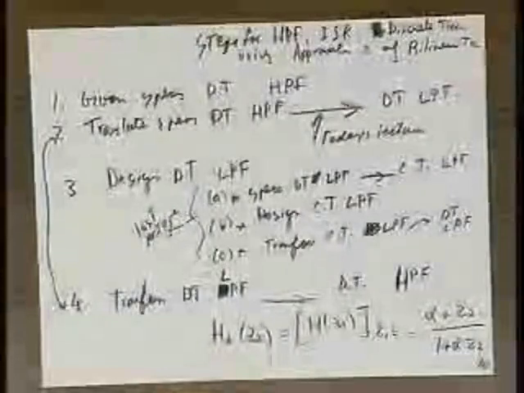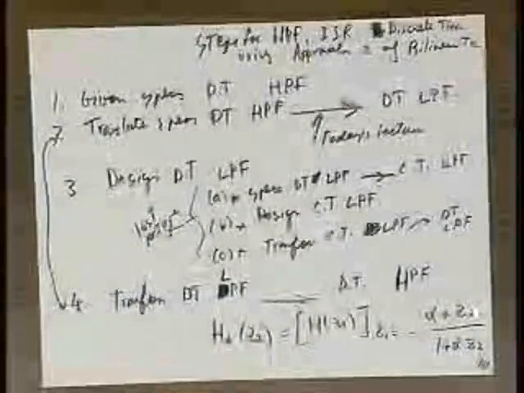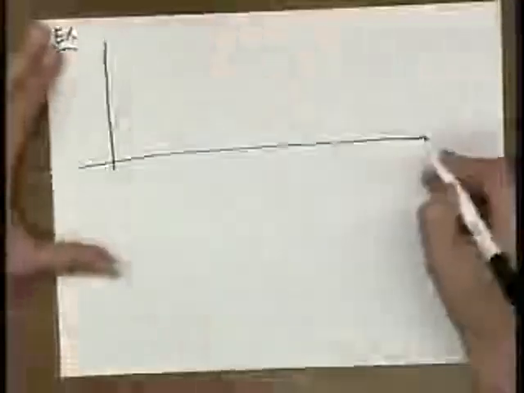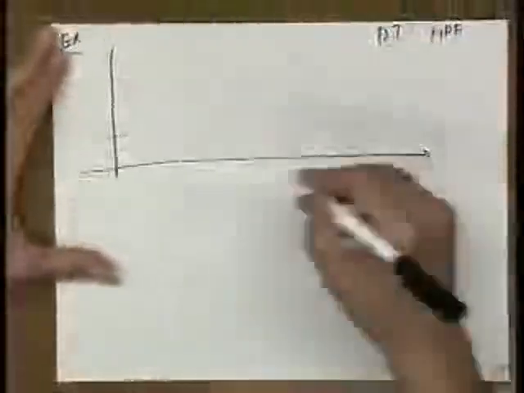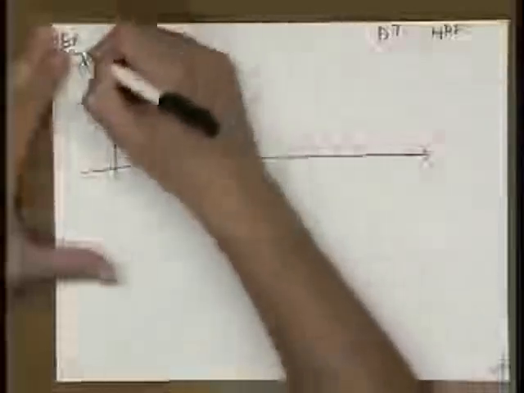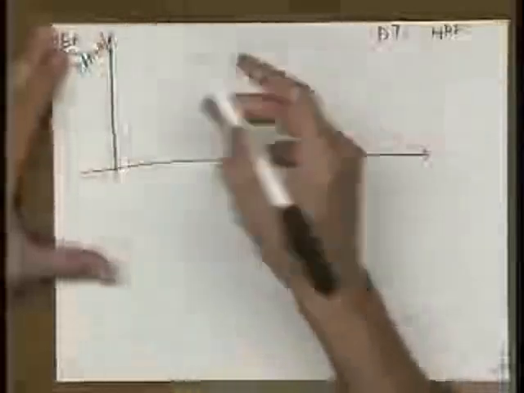So let me give you a pseudo example of how all of this gets put together, just to clarify things one more time. You're given a discrete time high pass filter, the magnitude of H of omega.